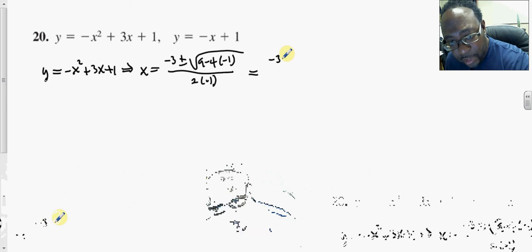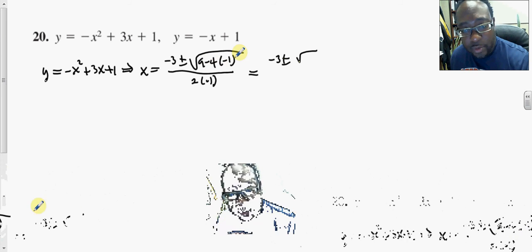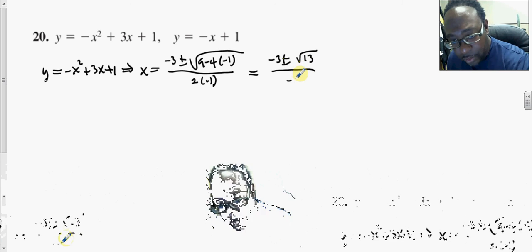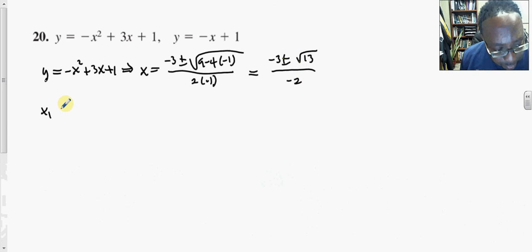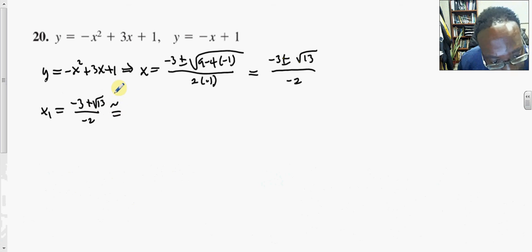So here we get negative 3 plus or minus the square root of 9 plus 4. So that's the square root of 13 all over negative 2. So x sub 1 is, on a calculator, negative 3 plus the square root of 13 all over negative 2, and that one we get negative 0.303.